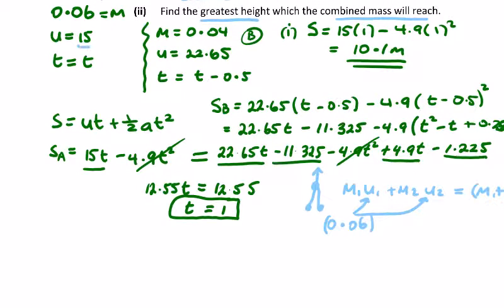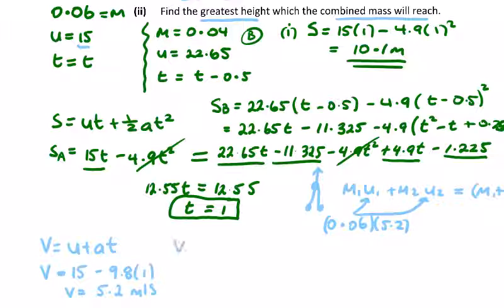So what have we got here? We have u was 15, so v is equal to u plus at. So for a, the new velocity will be 15 minus 9.8, and t was 1, so 15 minus 9.8 is 5.2 for the velocity here. And for b, v is equal to u plus at.